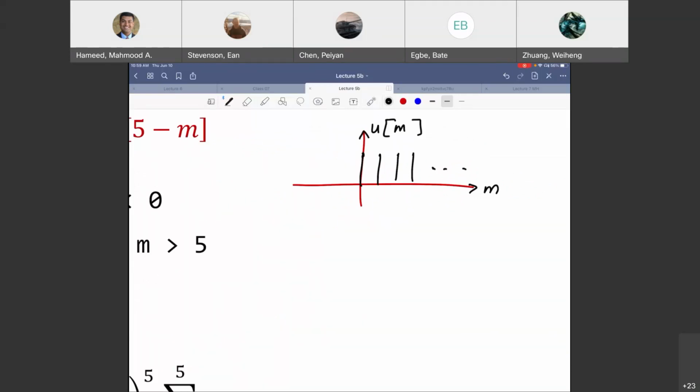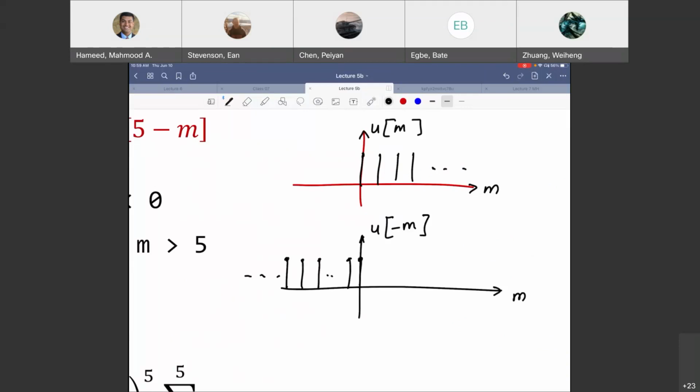How is that going to look like? Let's try to find u of minus m. Can I say that u of minus m is simply going to be this? Just flipped. Okay. I need to add 5. When I add 5, do I go this way or this way?